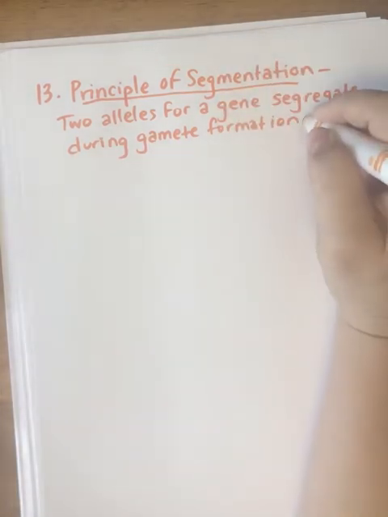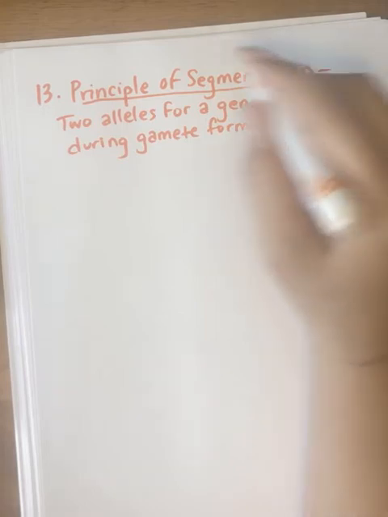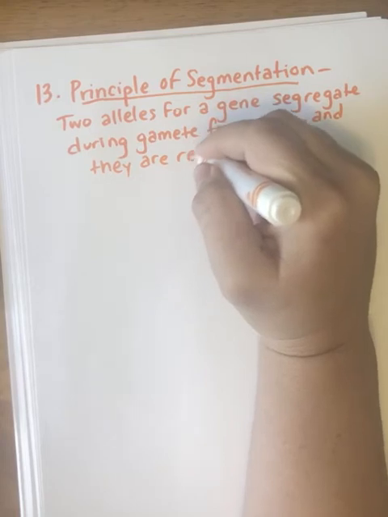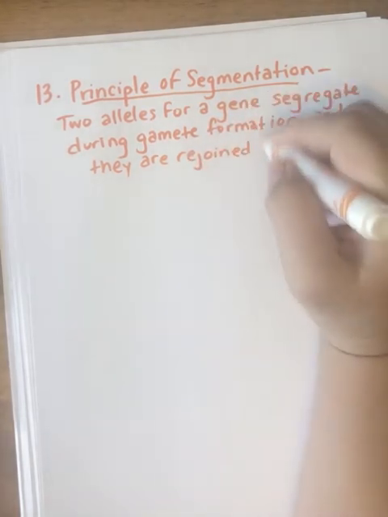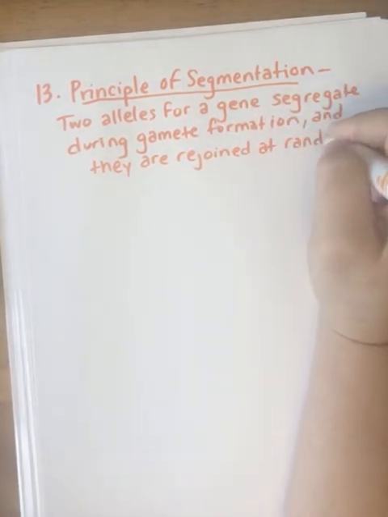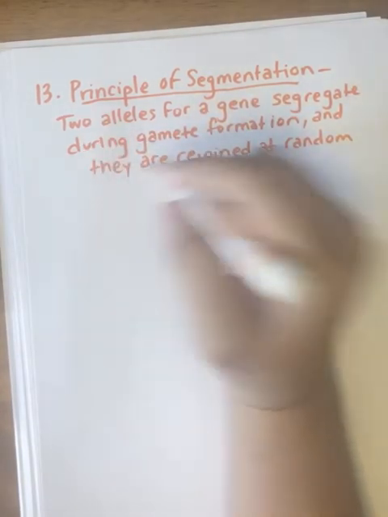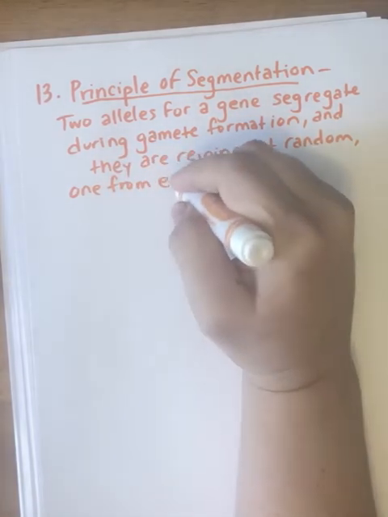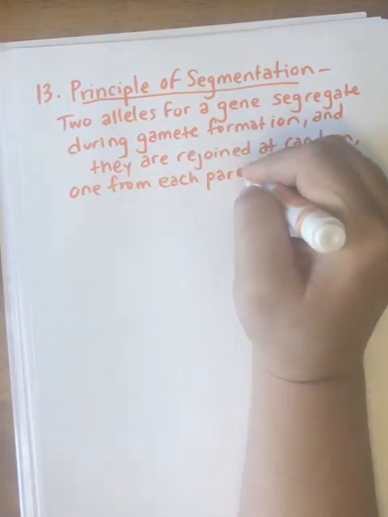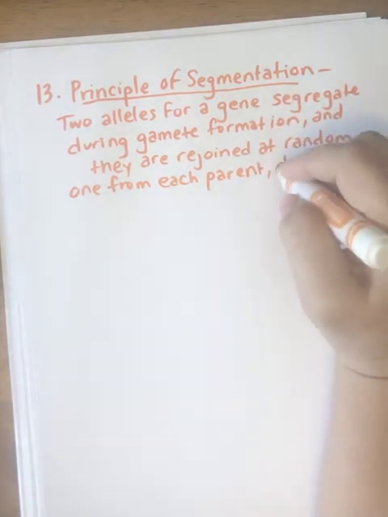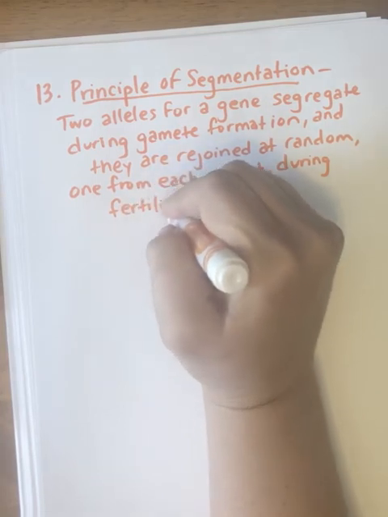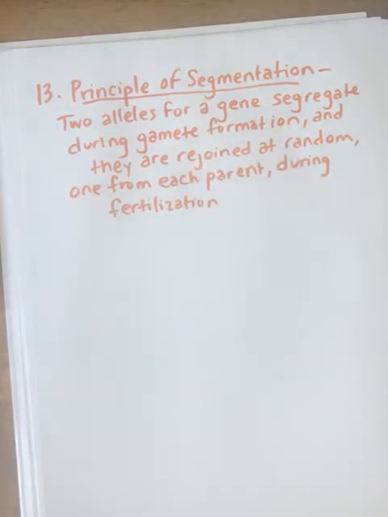And then they are rejoined at random, one from each parent, during fertilization. And if we remember, fertilization is when the sperm fuses with the egg.